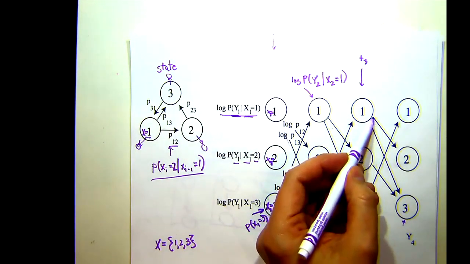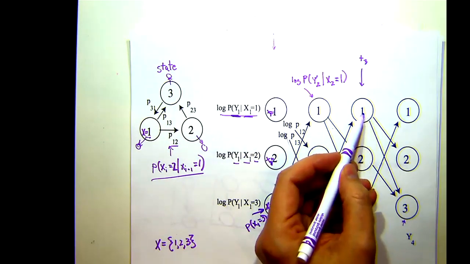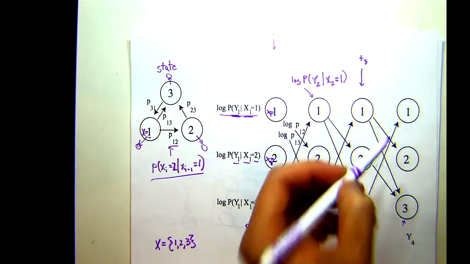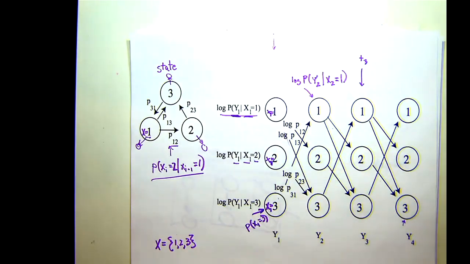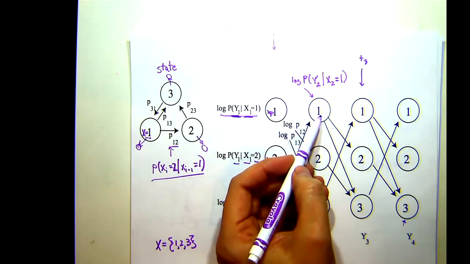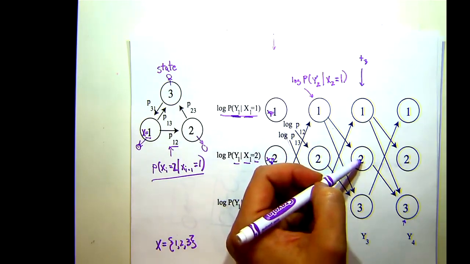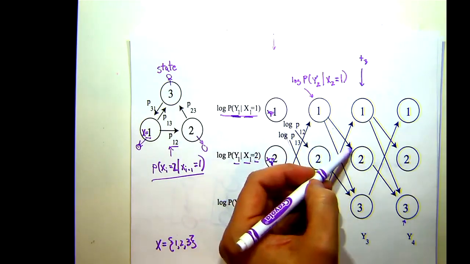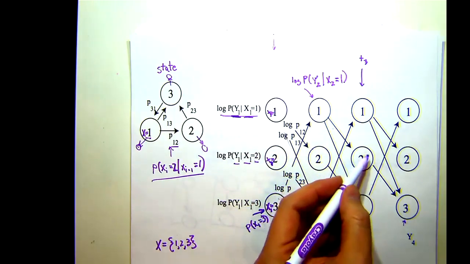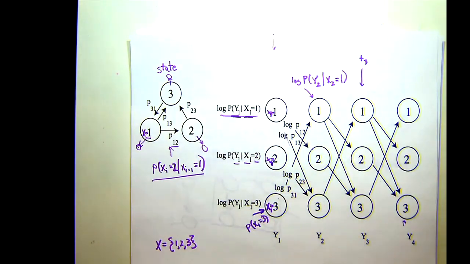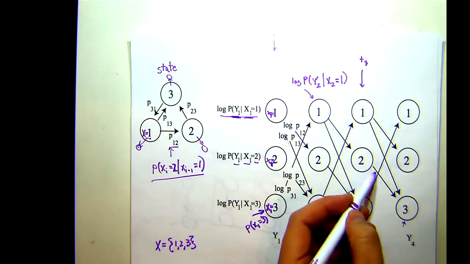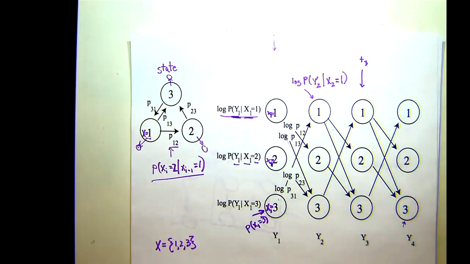What is the cost to go from this state to this state, and then follow the best path after that, the minimum path after that? And then if we're here, we're going to say, what's the cost to go from 1 to 2? So it would be this probability, and then follow the best path out of 2 to the end of the sequence. The only path out of 2 happens to be this one.